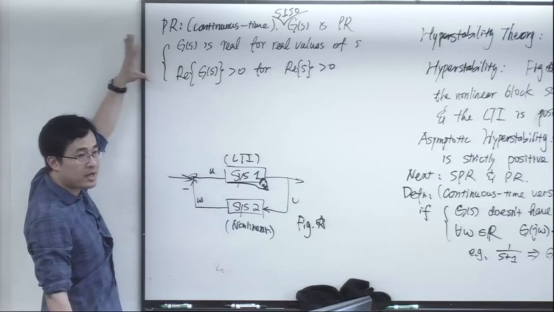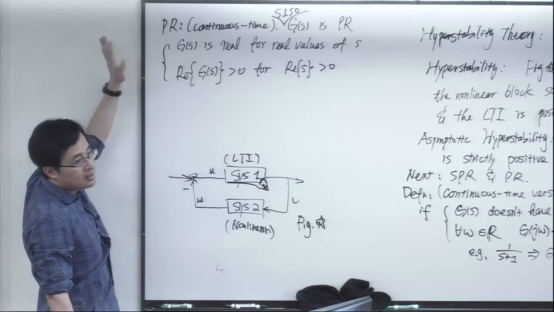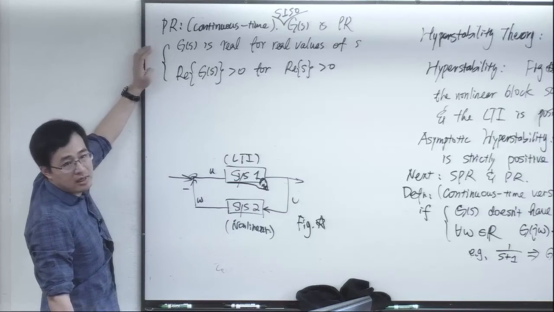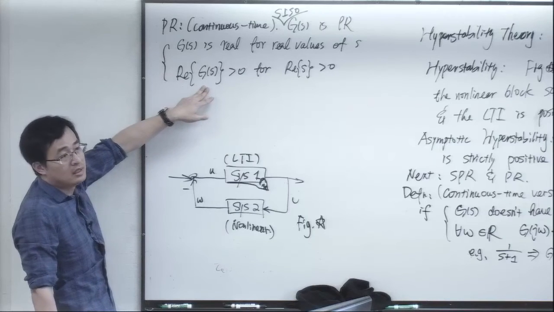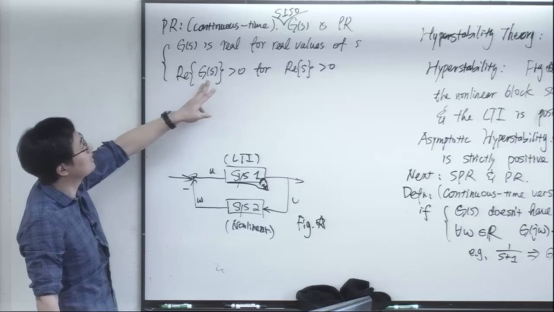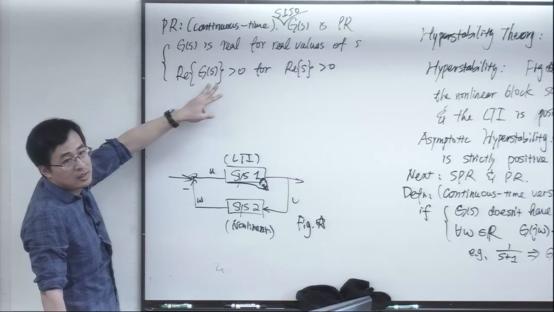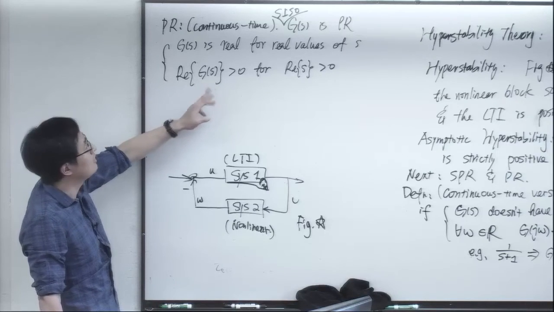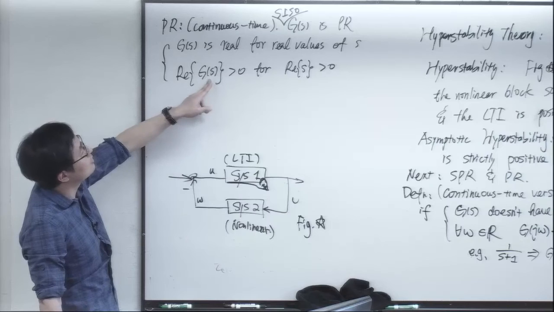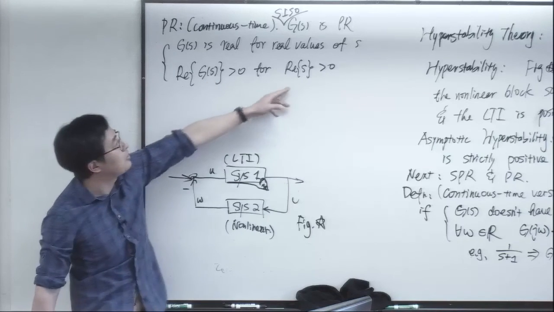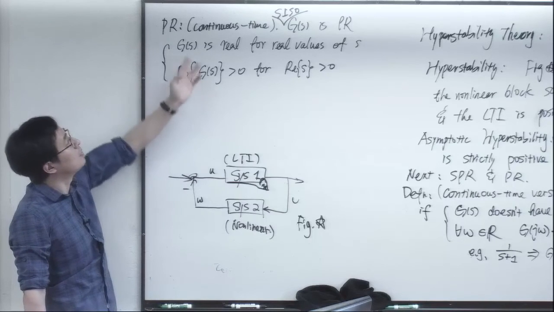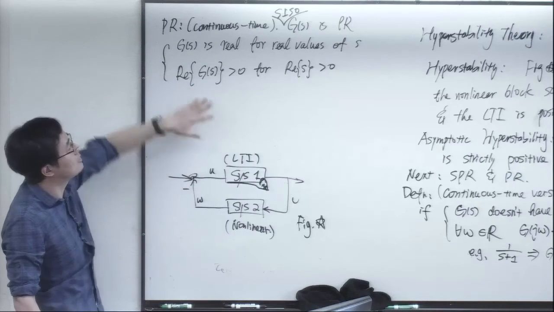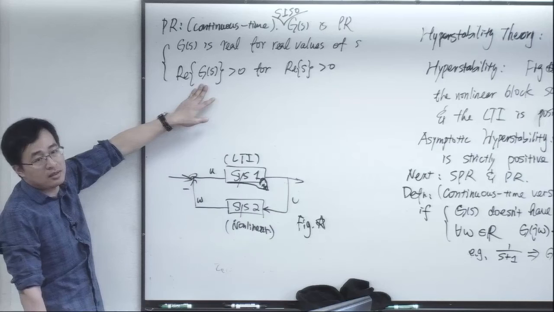So that better explains the name, but for now it may be extremely non-intuitive how I'm going to evaluate this, right? It's going to be very difficult if you think about how to do this quickly. You can't just choose all s on the right half plane and evaluate this condition to check positive realness, right? This is extremely not practical.